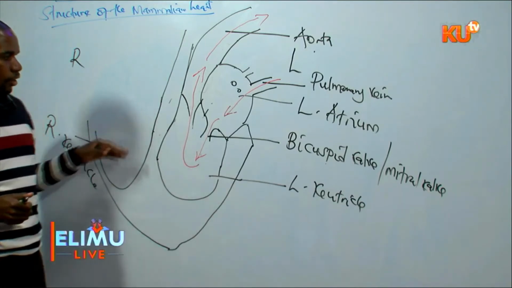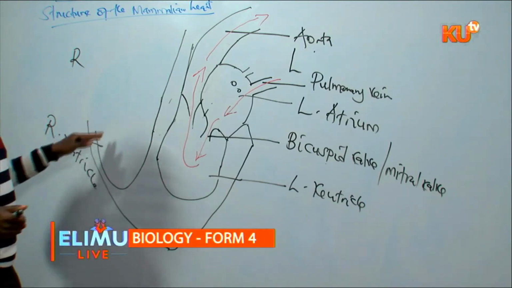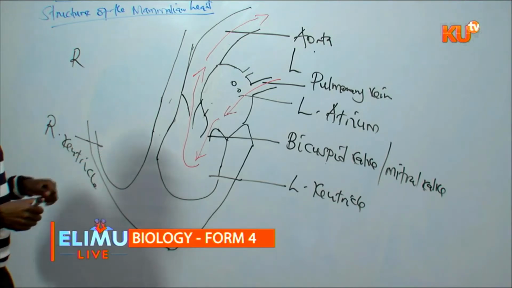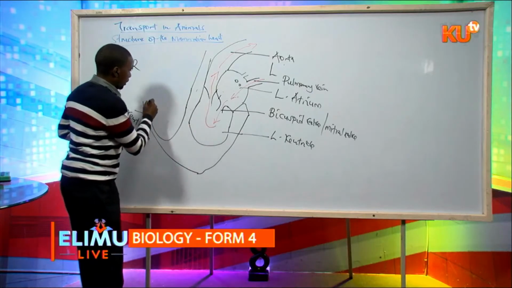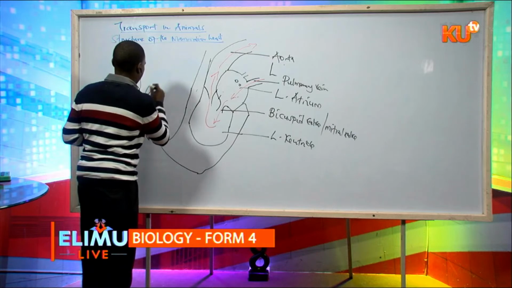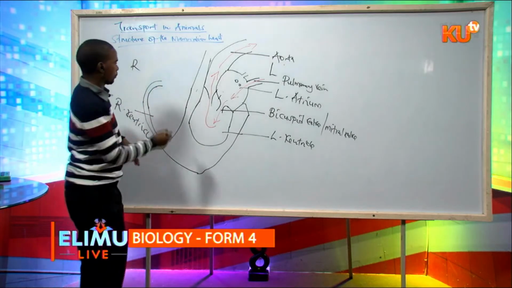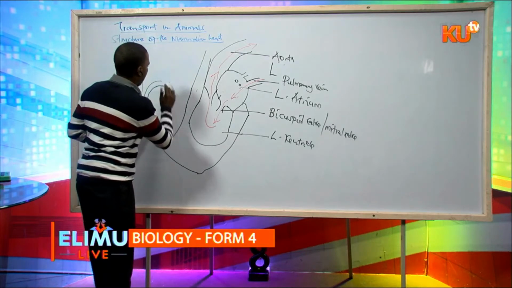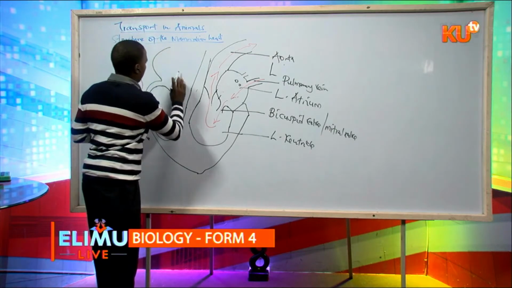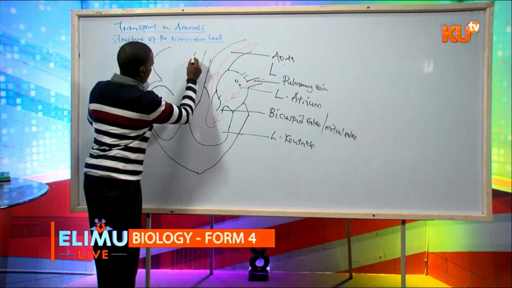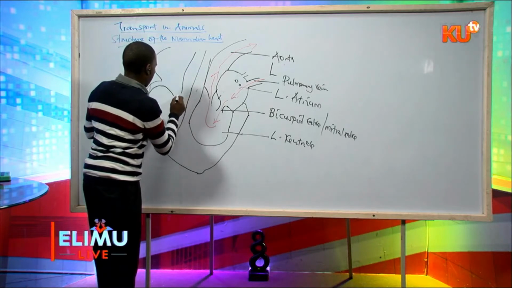Now let us narrow down and look at the right side of the heart. Just like the left side of the heart, the right side of the heart has the right ventricle. That is the right ventricle.